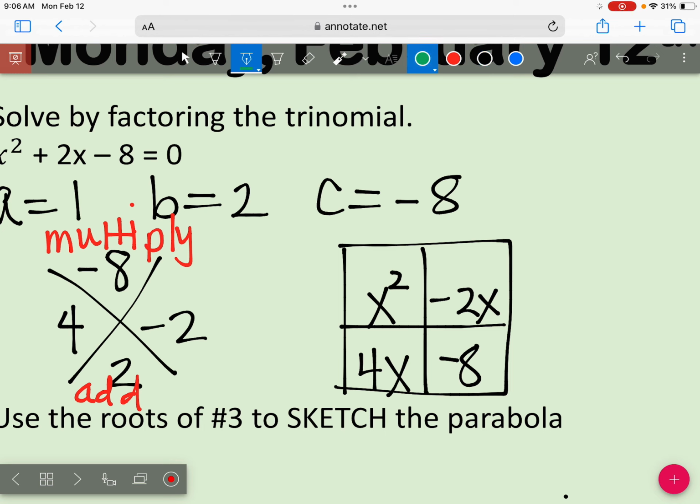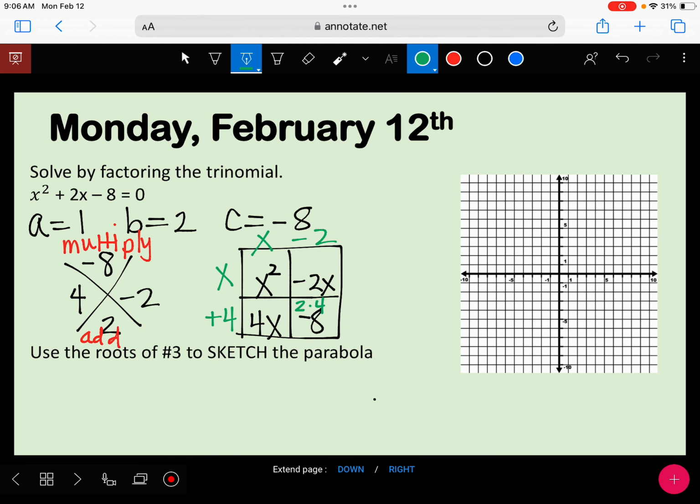When we take out our GCFs, we have an X, a X. In this box, we have 2 times 4. So we can take out our negative 2, and here we're taking out our positive 4.